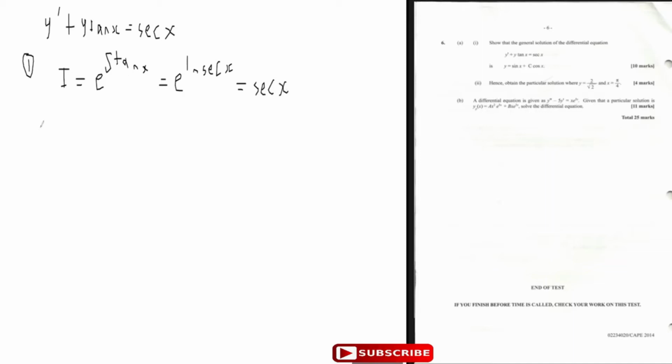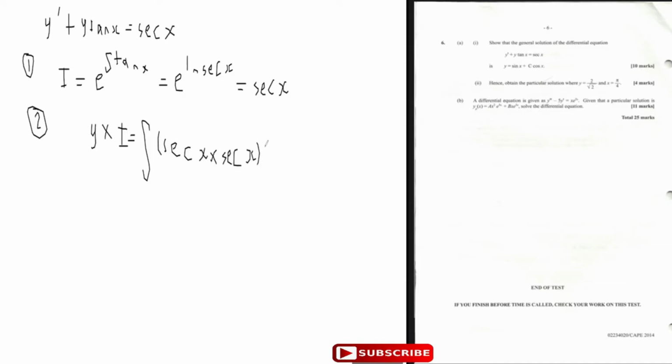You have to remember the second step: you're going to write that the general solution is y times the integrating factor I is equal to the integral of sec x times the integrating factor. So it's equal to sec x times your integrating factor of sec x, and you're integrating with respect to x.